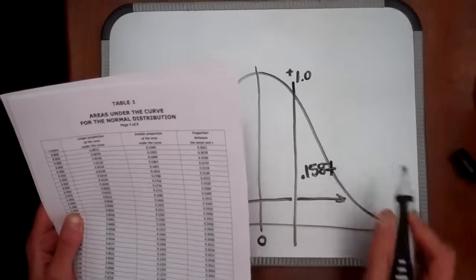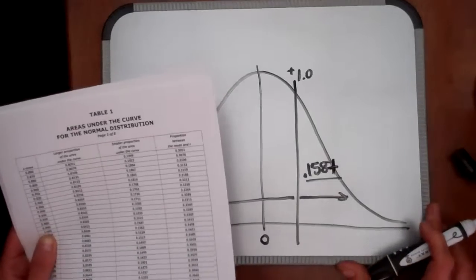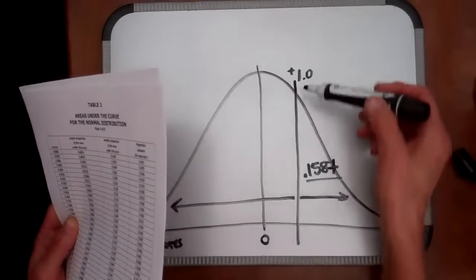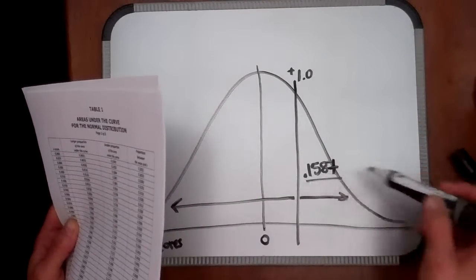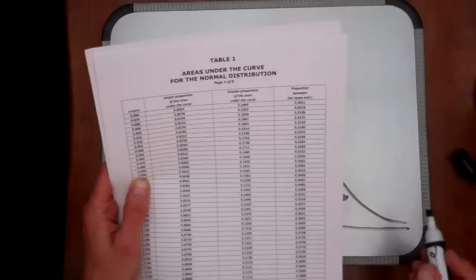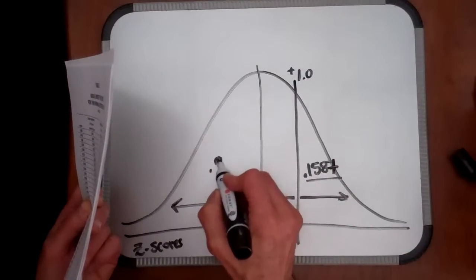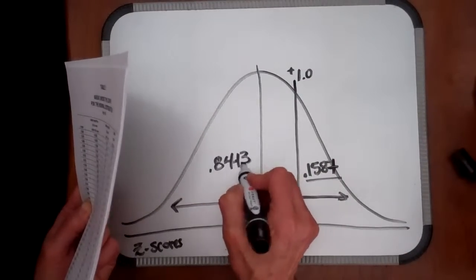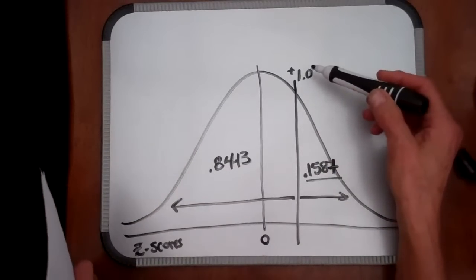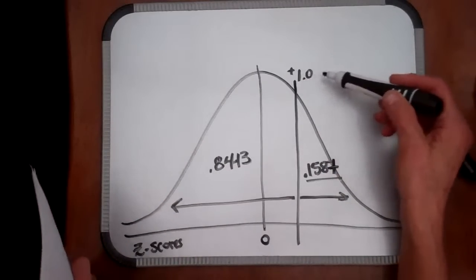That's the smaller proportion, right? So this is now the probability of obtaining a z-score of 1.0 or higher, and the larger proportion is 0.8413. That's the probability of obtaining a z-score of less than 1.0.